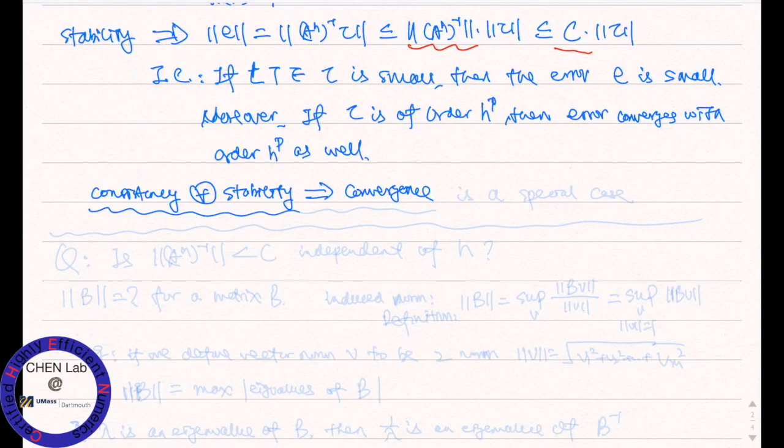If a scheme is stable and the scheme is consistent, then we know it's convergent. Consistent is a weaker requirement than what we just did, the order. It basically means that you don't need order 1, order 2, order 8. You just need order h to some positive number. This is a special case.